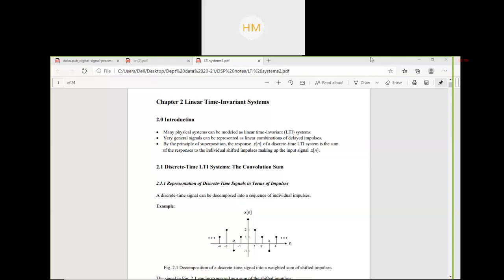Have you referred to any book? Okay, this question you are not able to simplify.